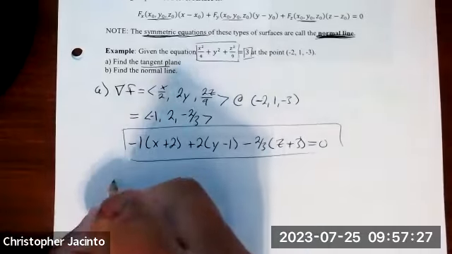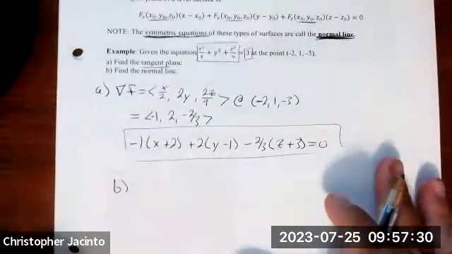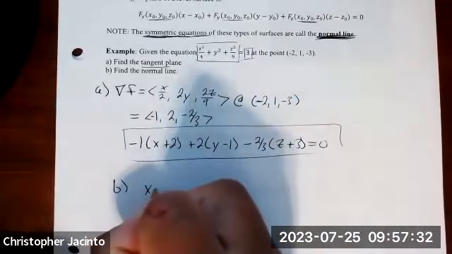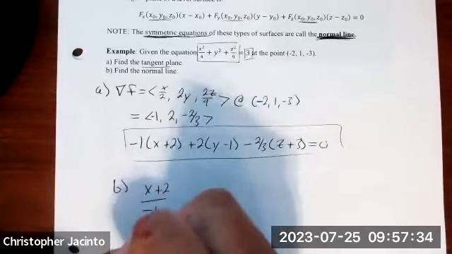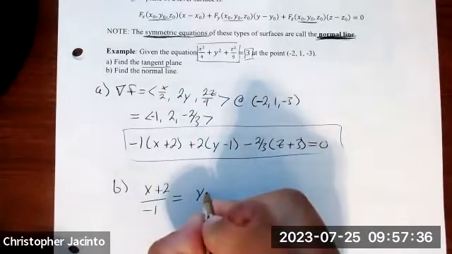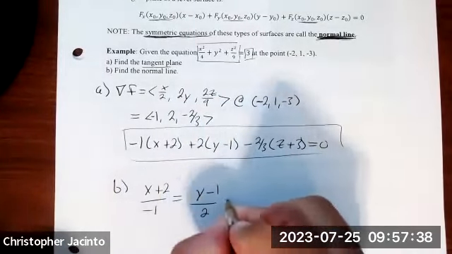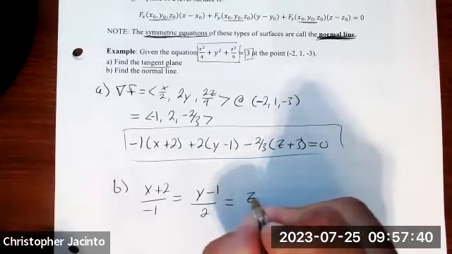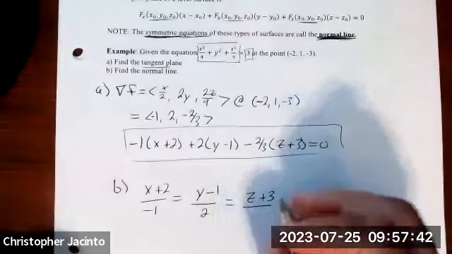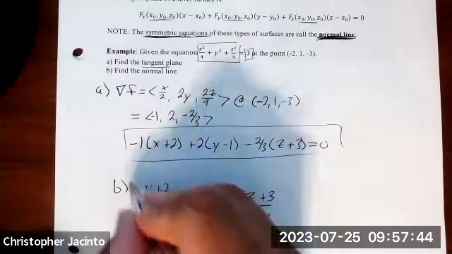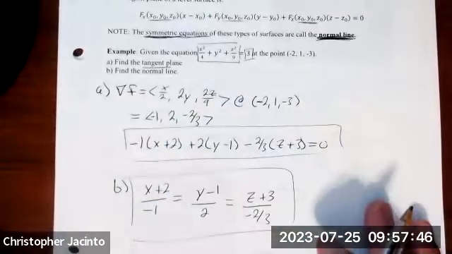And then for our symmetric equations, or in this case our normal line, it's just going to be (x plus 2) over -1 equals all the other relationships. Just our symmetric equations.